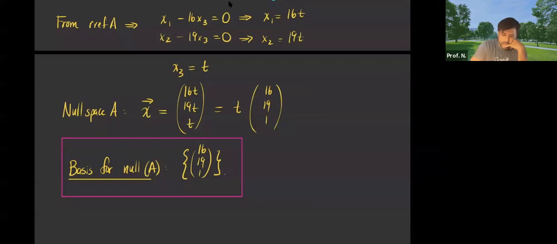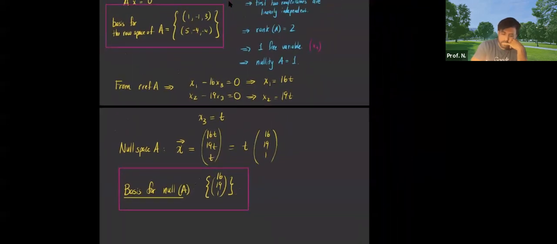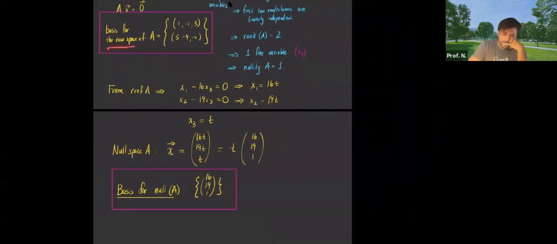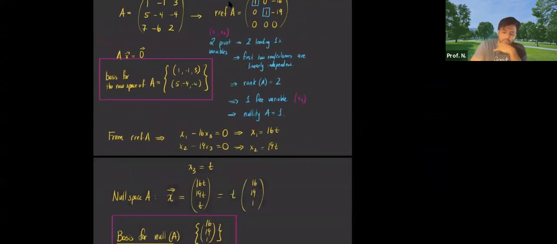Now let's look back a bit at what we've just done. The basis of the row space of A is given by these rows, because we know that the first two rows are linearly independent, because the leading ones appear twice in the row reduced echelon form.